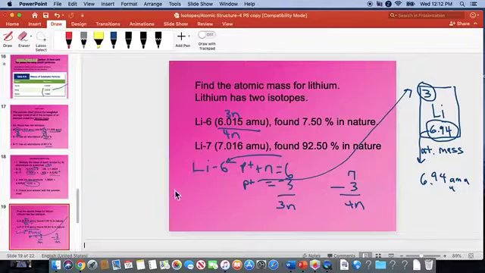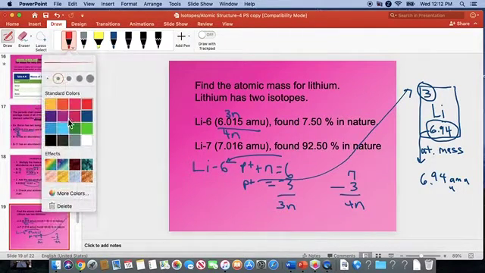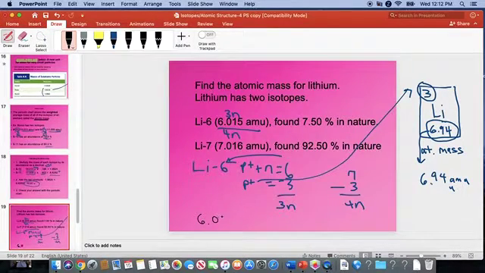Hopefully you paused it and tried it yourself, but we'll do it down here. I'm going to take the exact mass of lithium 6, so that's 6.015 U, abbreviating AMU as U. I multiply it by the percentage as a decimal.